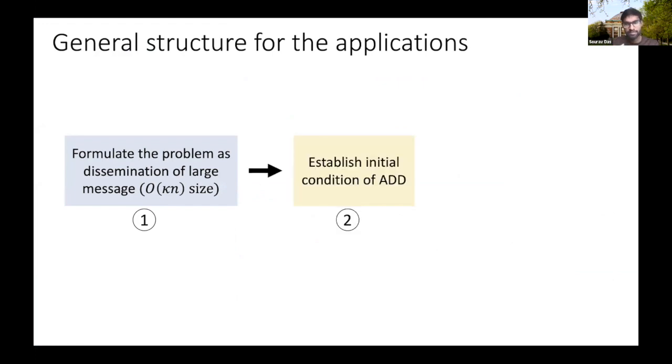Then we establish the initial condition of ADD using the Bracha primitive, and then we run ADD. This is the general structure in all our applications. There are some other applications where we have to do something more non-trivial to establish the initial condition of ADD, but it all boils down to how you establish the initial condition of ADD and then run ADD.